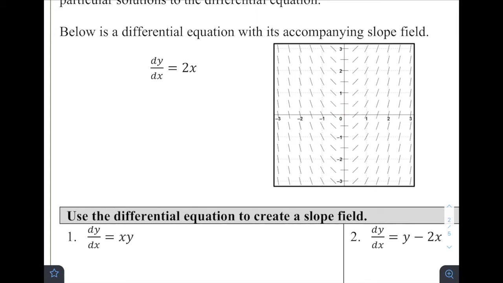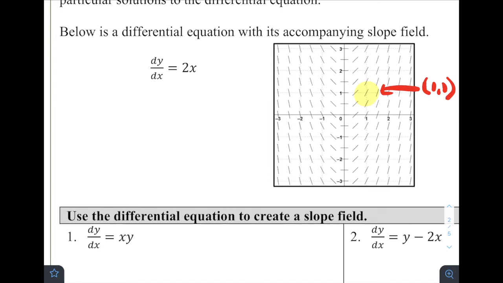So, for example, if I were to pick this point right here, which I'll highlight using the highlighter, this point right here in yellow looks like 1, 1. So that's the point 1, 1, that little tick mark that we've got right there.